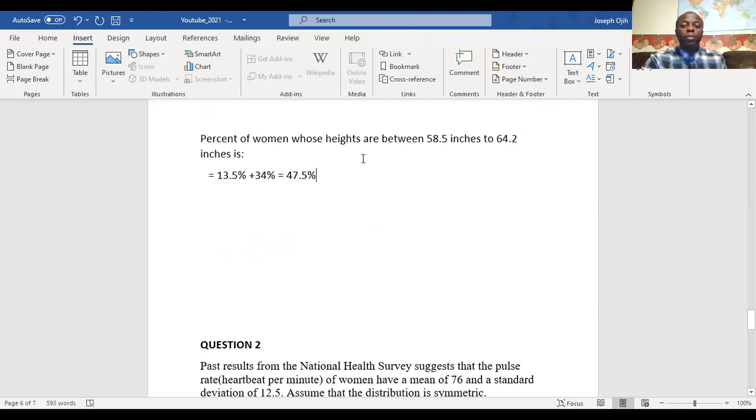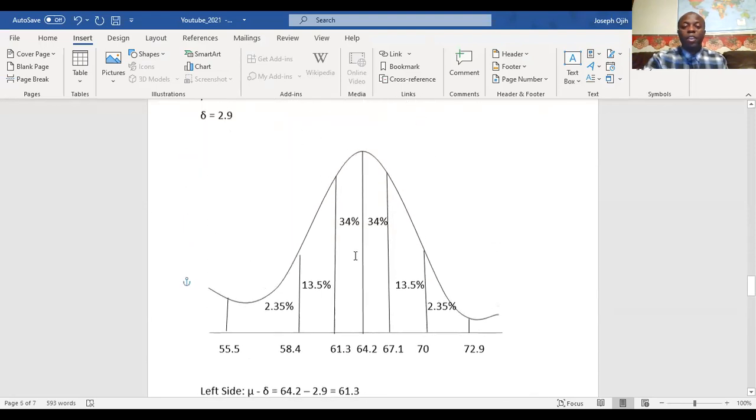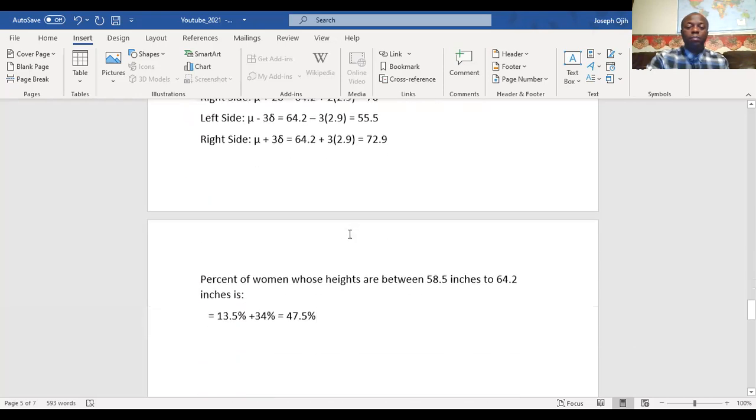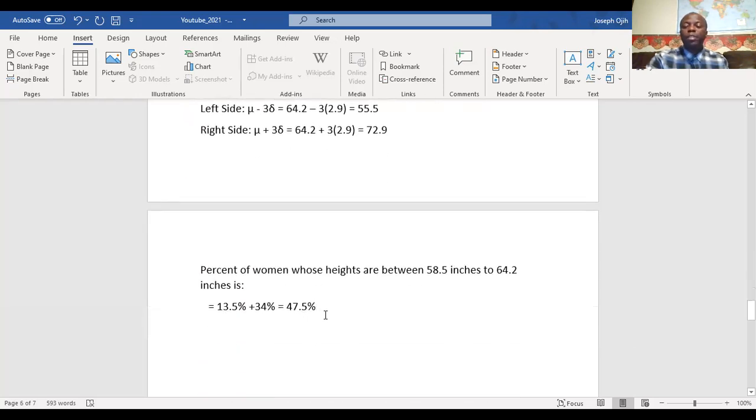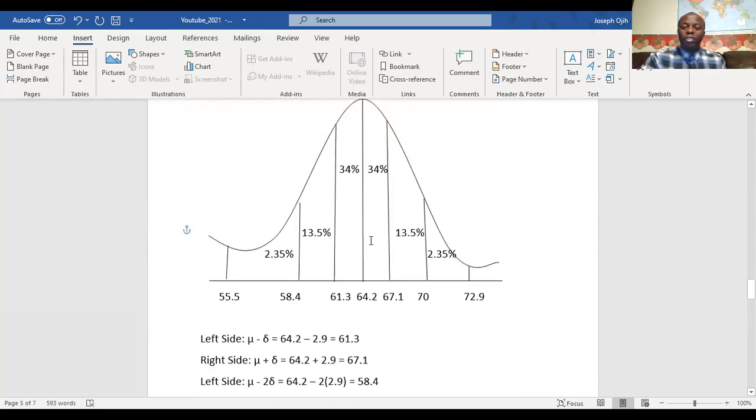So the percent of women whose height are between 58.4 inches to 64.2 inches, based on what we have here, from here to here is 13.5% plus 34%. That gives you 47.5%. So the hard part is just getting this chart and putting these numbers.